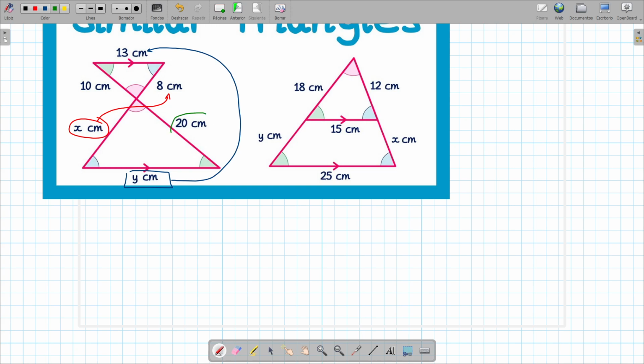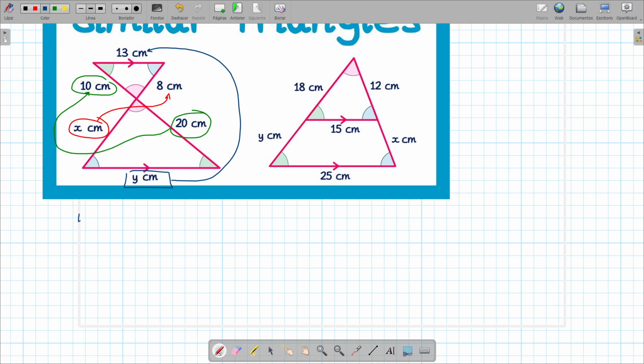And lastly, we have this one, 20, which is related to this side. Now, following the properties that we have been using, we are going to divide the big sides by the small sides.